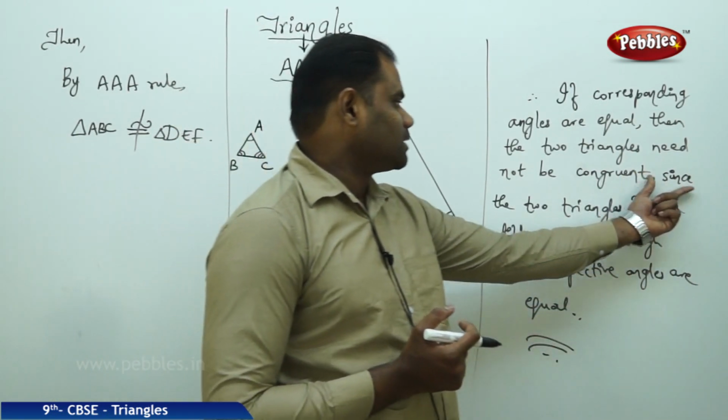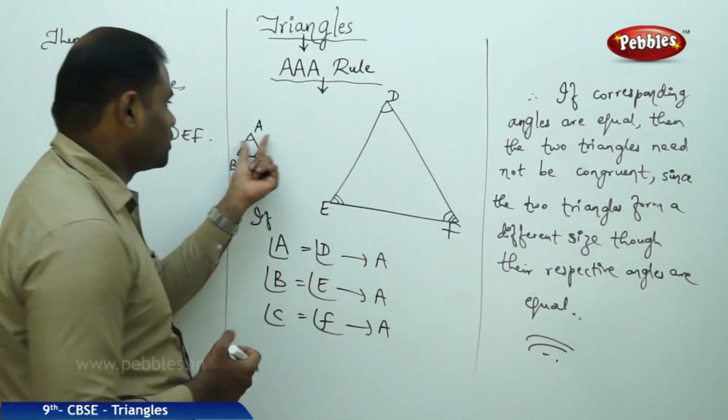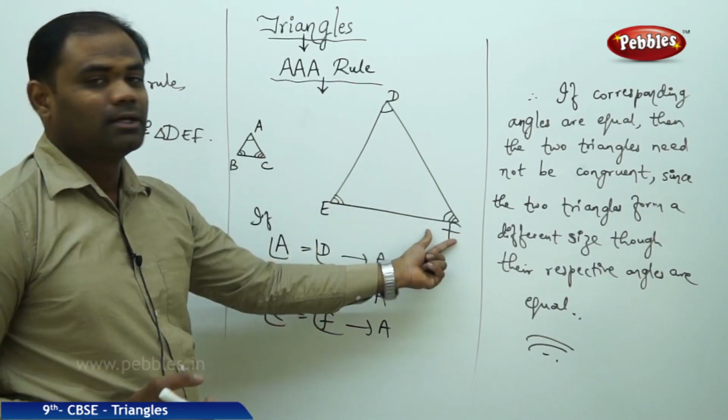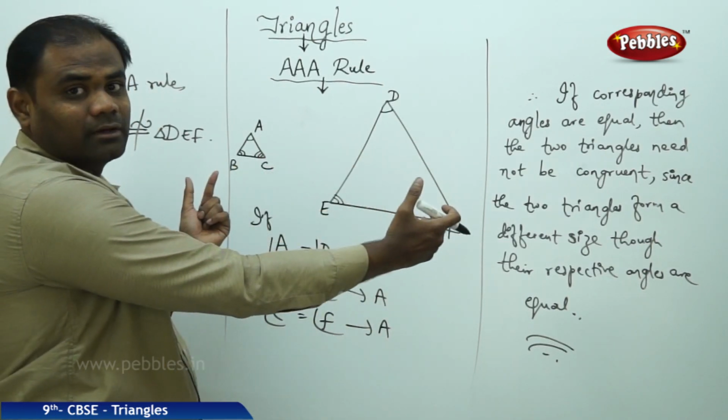The reason being that the two triangles form a different size, this being small and this being big.